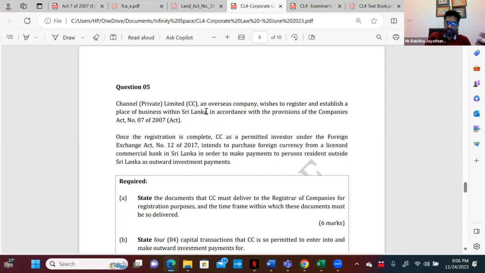Channel Private Limited, that is CC, an overseas company wishes to register and establish a place of business within Sri Lanka, in accordance with the provisions of the Companies Act number 7 of 2000.